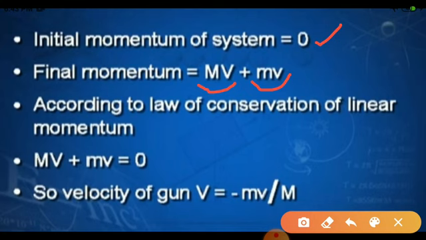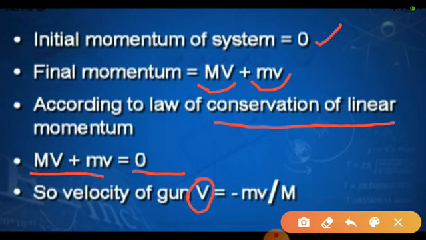Now you know, according to the law of conservation of linear momentum, the momentum after firing should be equal to the momentum before firing. So put it equal to 0, and if we rearrange, we have the velocity of the gun as minus mv, that is the momentum of the bullet, divided by the mass of the gun.